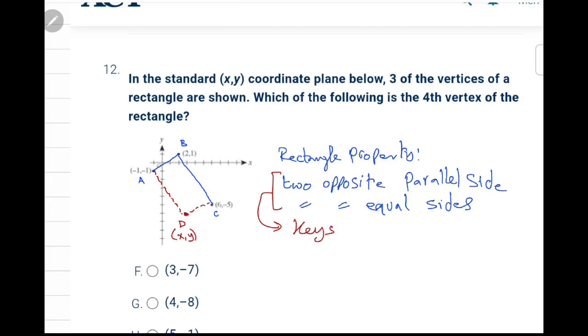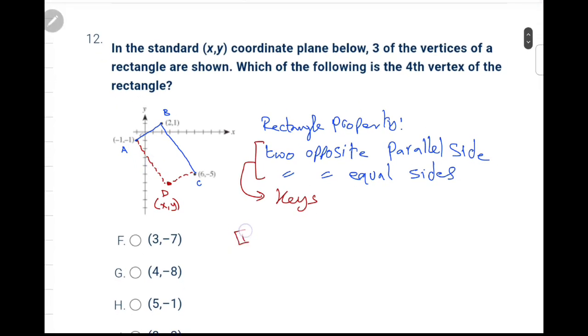That's what we need to find. So let's think about it and say, what are the equations or formulas that relate coordinates in space and also involve lines in space? There are two things.